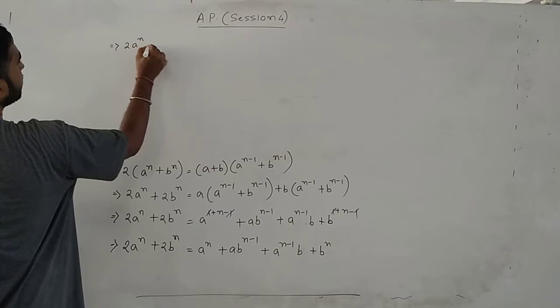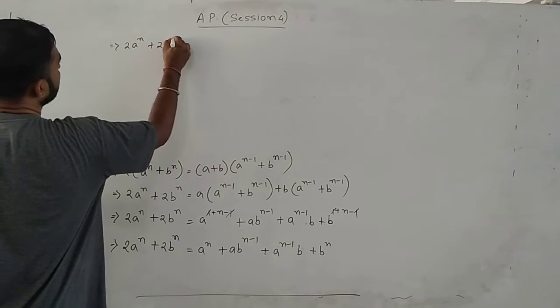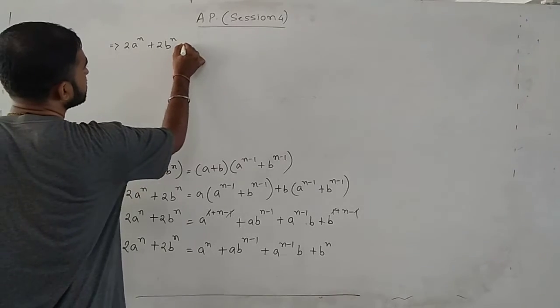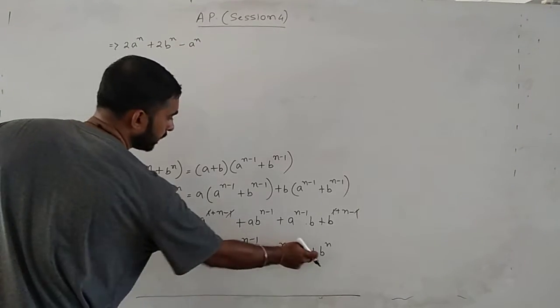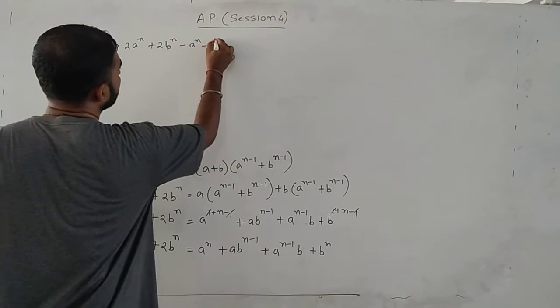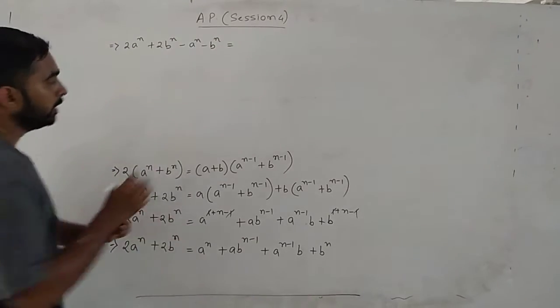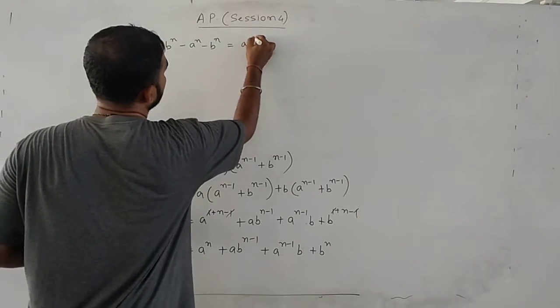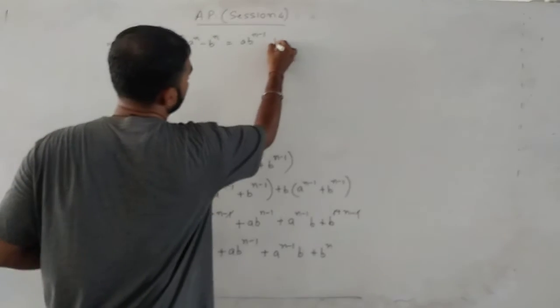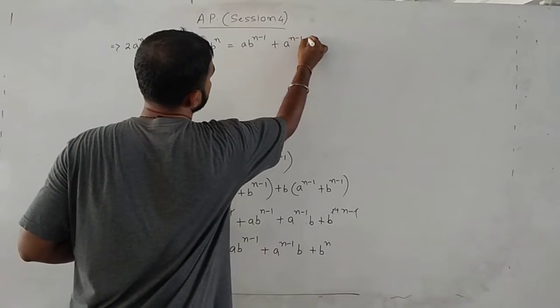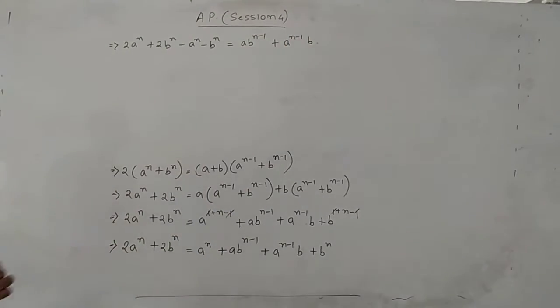Twice a to the power n plus twice b to the power n minus a to the power n minus b to the power n equals a b to the power n minus 1 plus a to the power n minus 1 b.